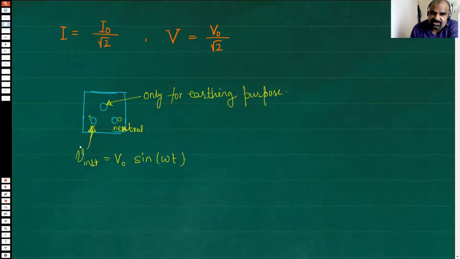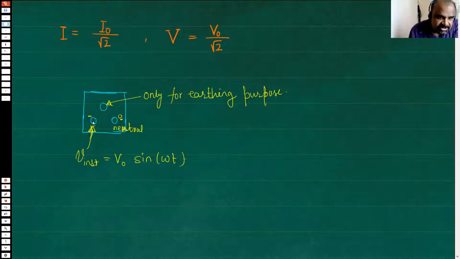So we say this is positive terminal, but the very next time this potential will become negative because this is varying sinusoidally, and you know sine sometimes is positive, sometimes is negative. This is still neutral. So then this will become positive terminal compared to this, even though in reality its potential is always remaining zero because it is just a neutral wire.